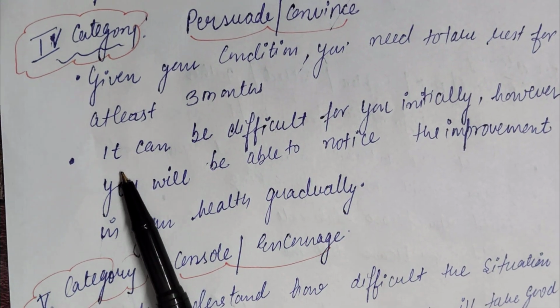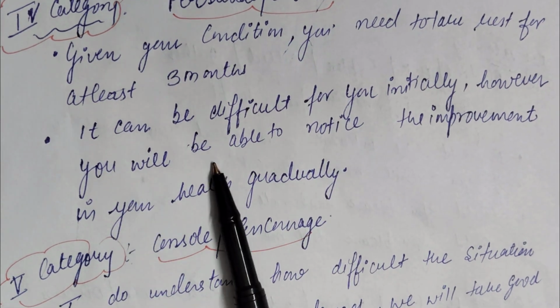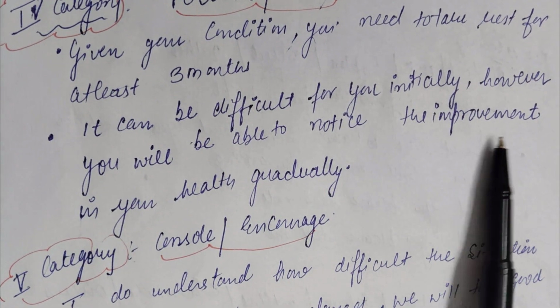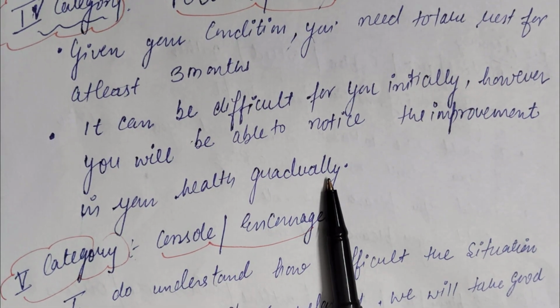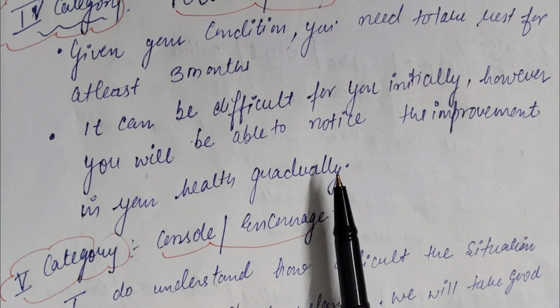Another is: it can be difficult for you initially. However, you will be able to notice the improvement in your health gradually. So in this case, we focus more on the motivation part.